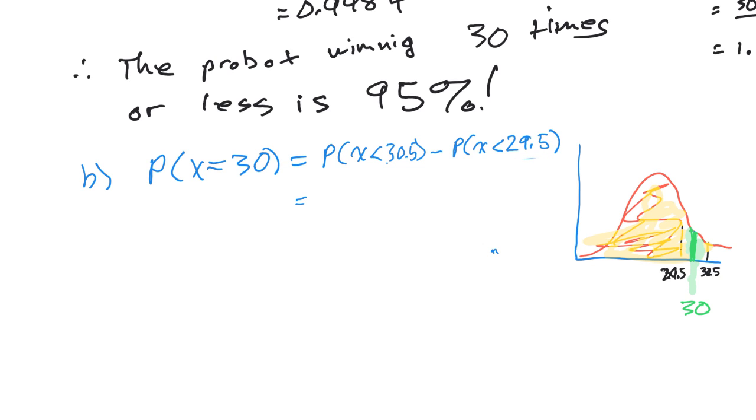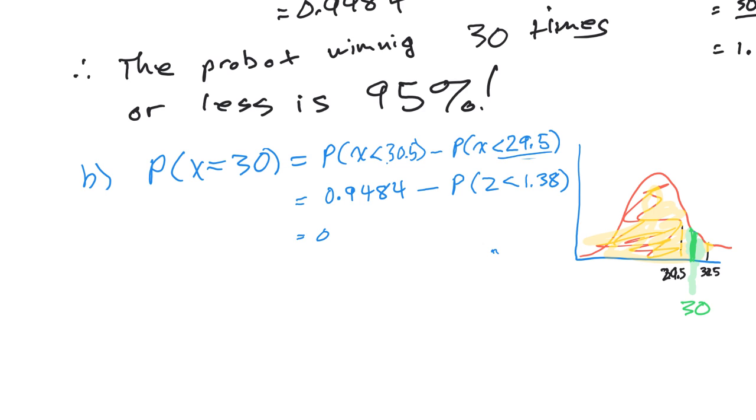P of 30.5 we found to be about 0.9484 minus the Z-score of this, P of Z being less than 1.38. Now, if you don't remember how to do it, just refer to the previous example to find the Z-score for 29.5.